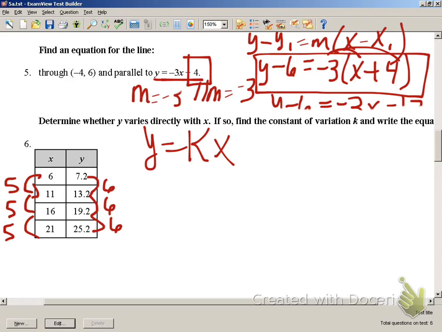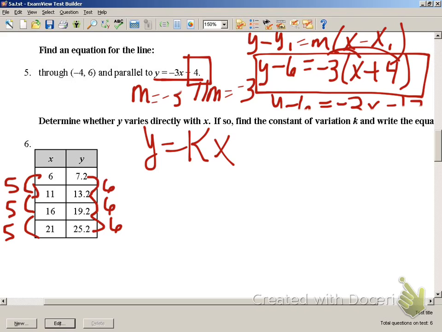So as x increases by 5, y is increasing by 6 every time.